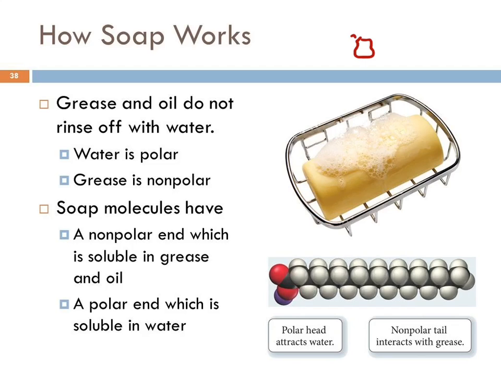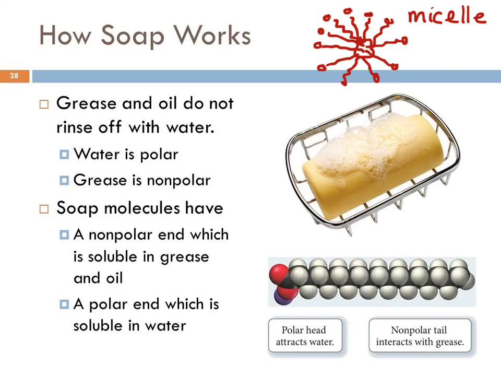So what happens is the polar end of the soap will be out, and the nonpolar end will be towards the grease. And it'll be surrounded by these little soap molecules. And this forms what's called a micelle. I won't test you on that, but there it is.